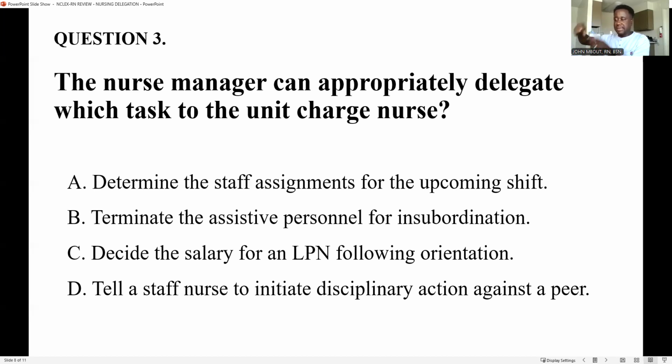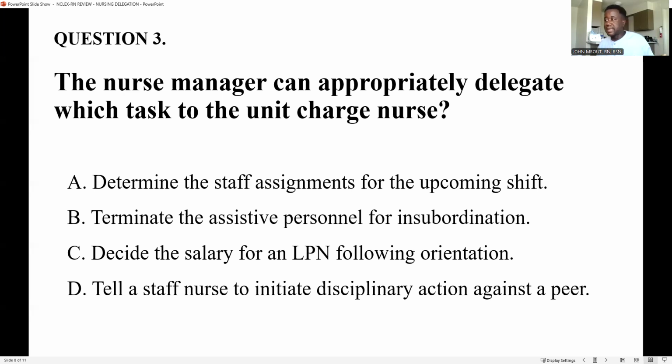The charge nurse takes care of the activities of the unit during that shift, of the nurses who are on that shift. Okay, so charge nurses can be as many as possible. Every shift might have one: the charge nurse for day shift, another charge nurse for night shift, and this week it changes. So it takes care of nurses for that shift.